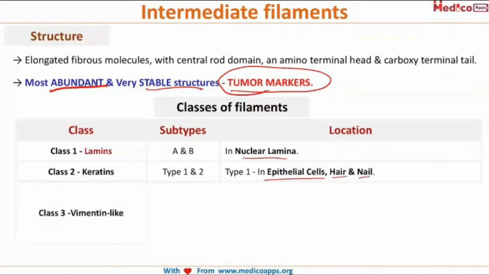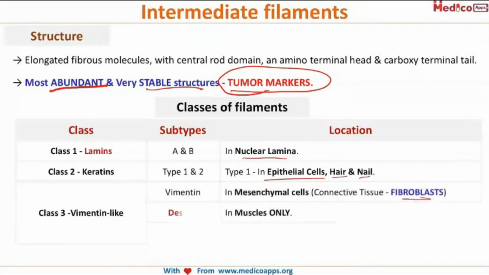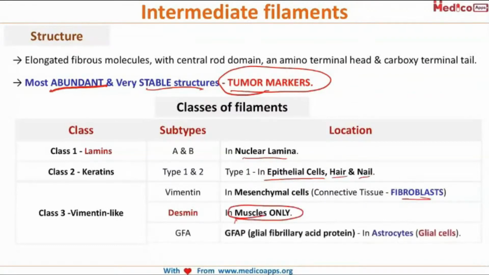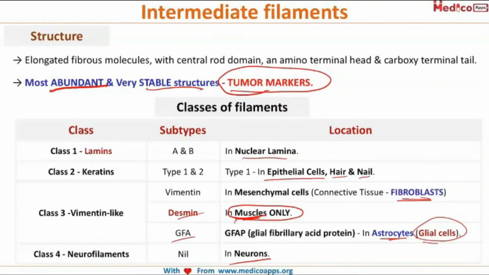Then Vimentin-like intermediate filaments have three types, that is Vimentin, present in the connective tissue, that is fibroblasts, Desmin, present only in the muscles, and GFAP, that is glial fibrillary acidic protein, that is present in the glial cells as the name suggests, especially in astrocytes, right? So Vimentin is present in fibroblasts, Desmin is present in the muscles, and GFAP is present in astrocytes. Now the fourth class is neurofilaments, and they are present in the neurons.